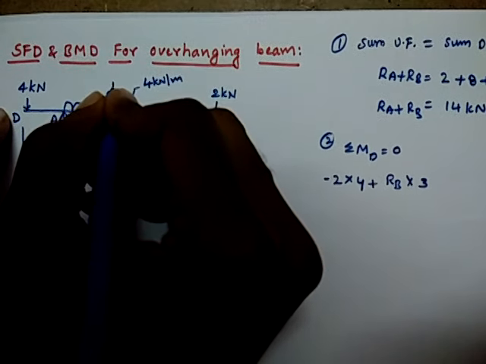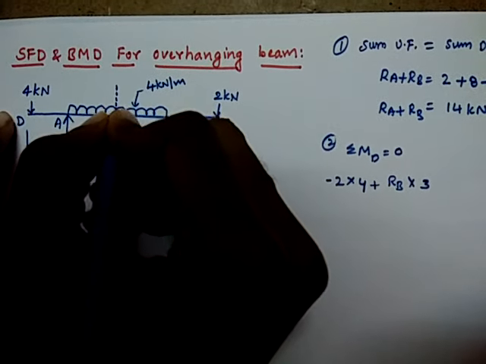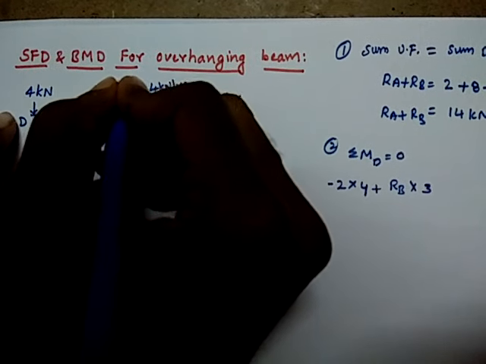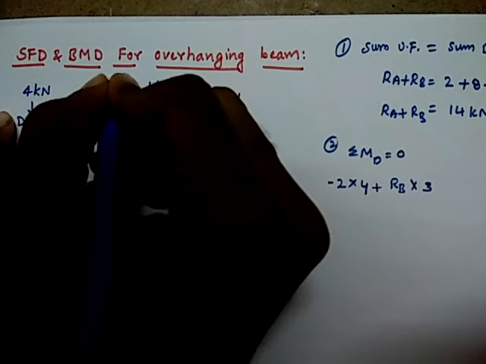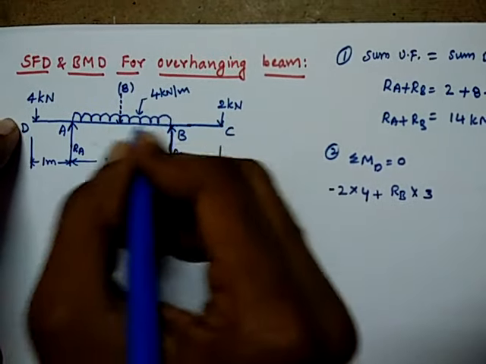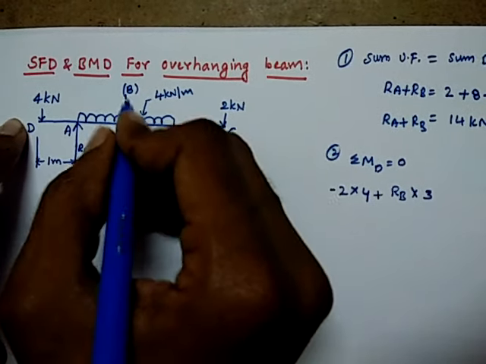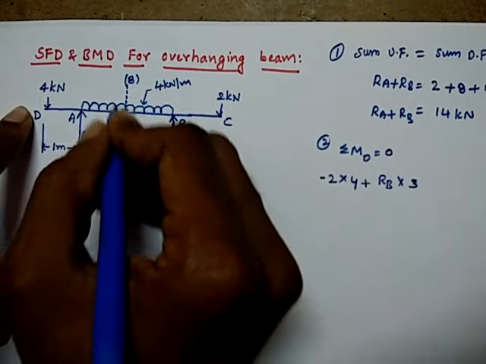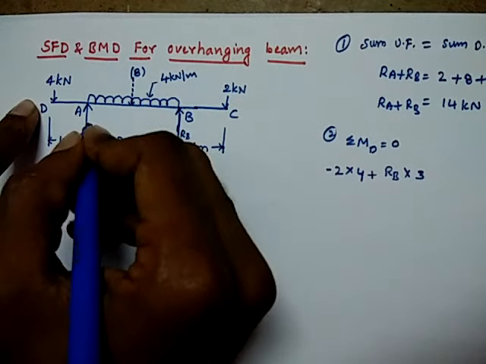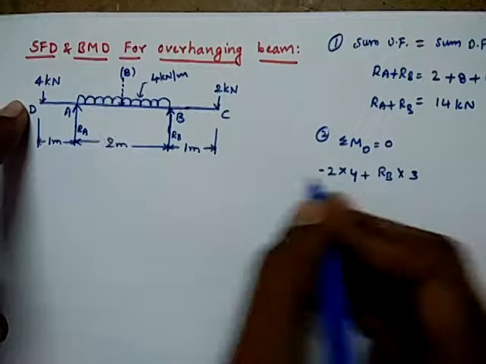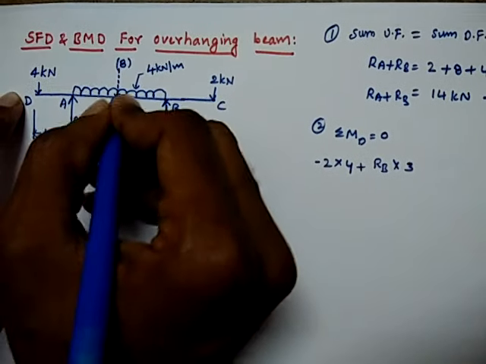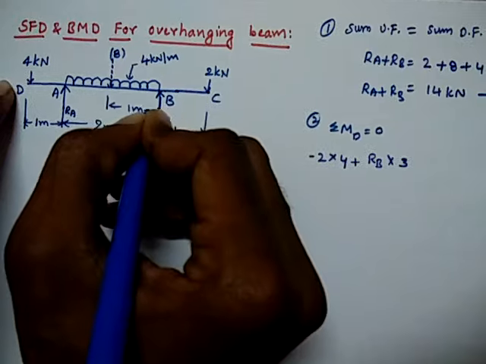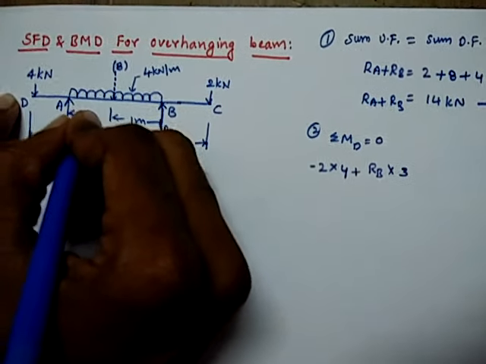I am representing it as a dotted line with a total value of 8, in brackets, as the UDL replaced by a point load. This will create a clockwise moment, and we take clockwise moment as negative, or hogging as negative. This distance is 1 meter here, and this is also 1 meter here.